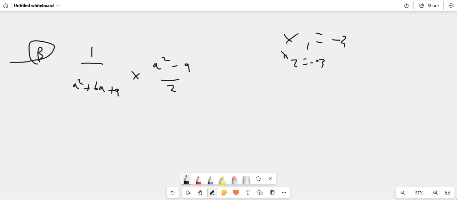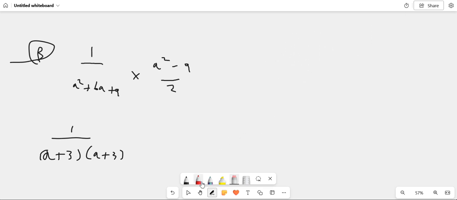What this means is the opposite is the solution. So if x1 is minus 3, then the bracket is x plus 3. Here we're using a instead of x, so it'll be a plus 3 and a plus 3, or a plus 3 squared. So that's the solution. Whenever you see a polynomial quadratic, use your calculator instead of trying to simplify it; it will be easier.